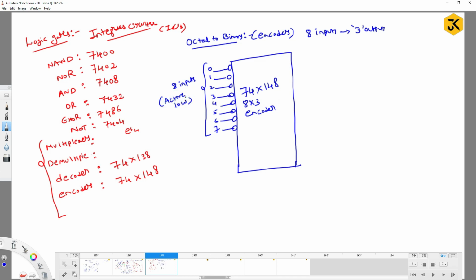They implemented it in such a way that they are all active low, and there are 3 outputs, which are also active low. These will be A, B, C, and assume that this is the MSB. So these 3 outputs are all of type active low.